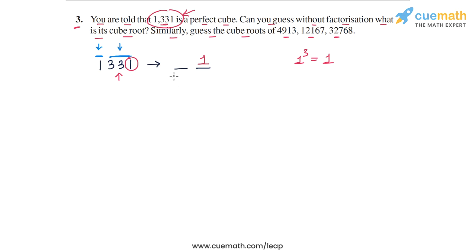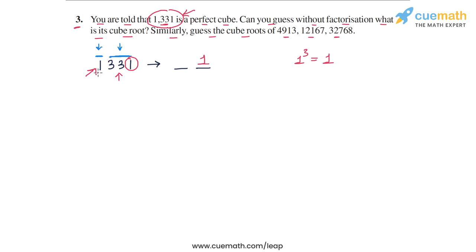Now we have to figure out the tens digit of the cube root. For that purpose we take the second group, which is 1, and now we have to think about 2 consecutive digits between the cubes of which this number will lie.